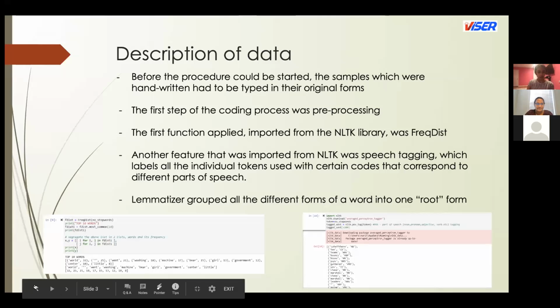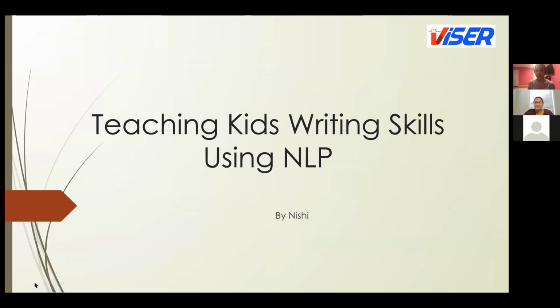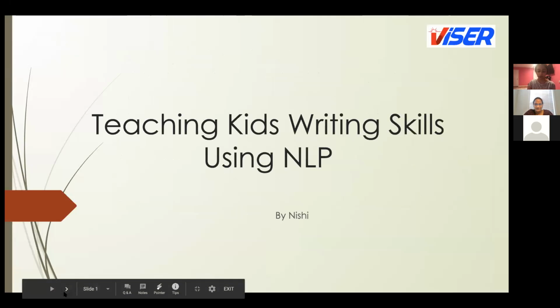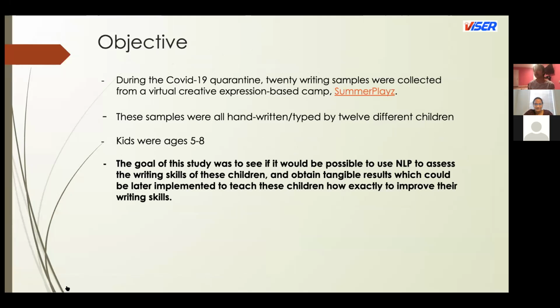Sorry that I'm on the wrong side. My project was teaching kids writing skills using natural language processing. The objective of this study was to see if we could use NLTK, the Natural Language Toolkit, to help children ages 5 through 8 improve their writing skills.